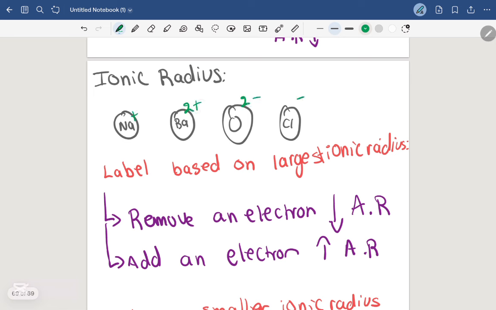We said we start with the largest ionic radius, so it definitely has to be the one that has the most added electrons, which in this scenario is O2-. It has a larger radius than Cl-, which has a larger radius than Na+. Why? Because the more you remove electrons, the smaller the radius becomes, and then Na+ is larger than Ba2+.